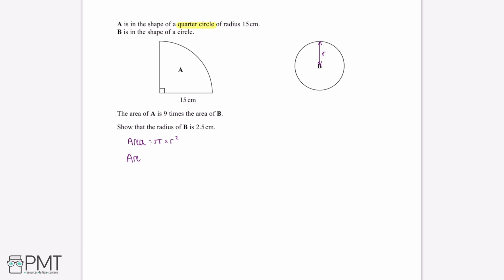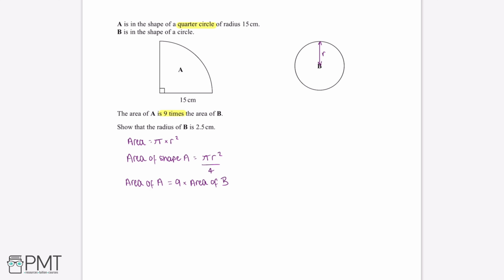So therefore the area of shape A can be worked out by pi multiplied by r squared divided by 4. We are also told that the area of A is 9 times the area of B. So therefore, the area of shape A is equal to 9 multiplied by the area of shape B.